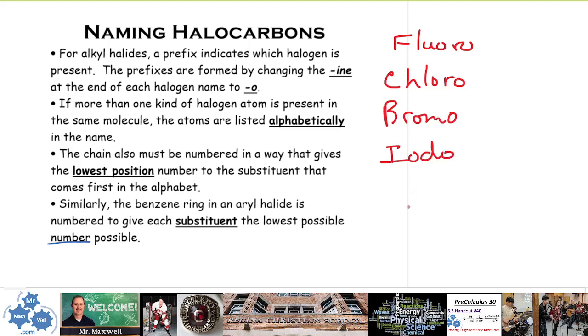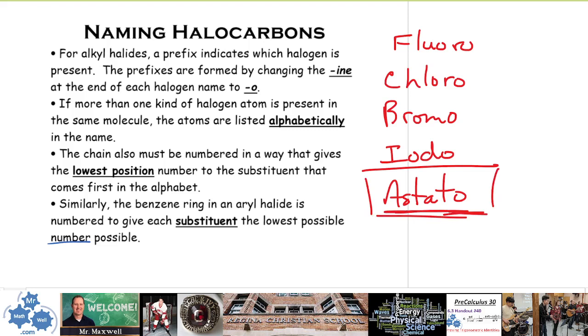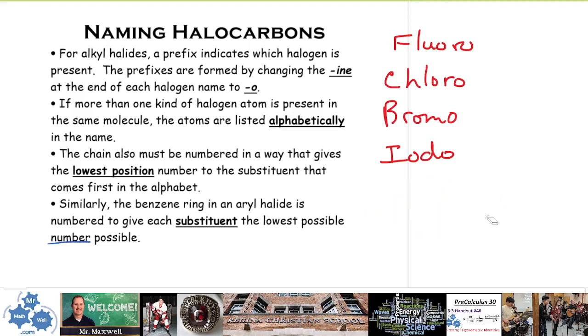Astatine, if you had to do it following these rules, what would it be? Astato. But again, I've never seen that actually as a compound that's used at all. Astatine is barely even a real compound. It's more theoretical than anything. So you don't have to worry about astato. So just the first four, we never have to think about the other one? That's right.